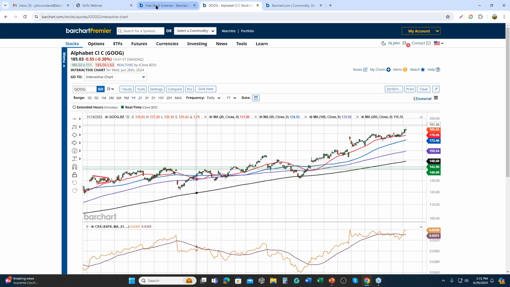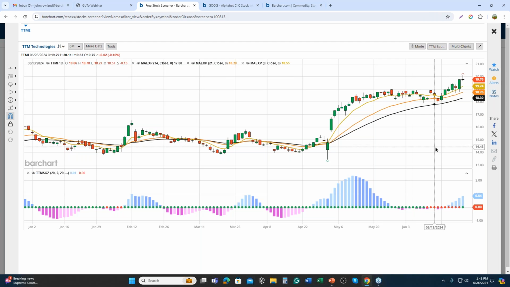So the question is, what stop would I use? And I don't want to really go into it, every trader has their own risk parameters, but in the case of this TTMI trade here, what you could do is use the origin of the explosive move.